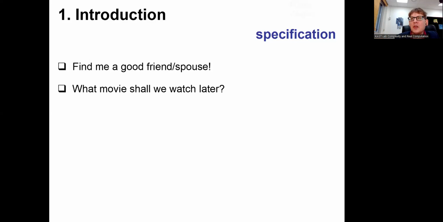Specification does not need to be formal. Formal specification is one possible way of achieving unambiguity and uniqueness, but it's not the only way. As long as all parties involved agree and there's no confusion left, then that's good enough as a specification.